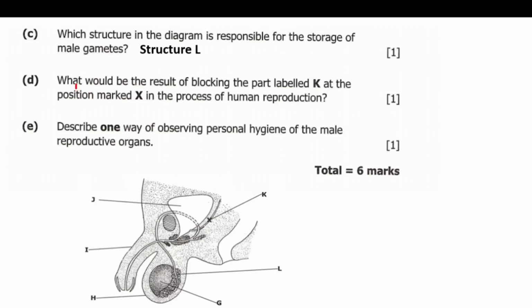So here they are saying, what would be the result of blocking the part labeled K at the position marked X in the process of human reproduction? For me, what I said was that urine will not reach the bladder, but what they are saying is in the process of reproduction. So what would be the result of blocking the part labeled K at the position marked X?